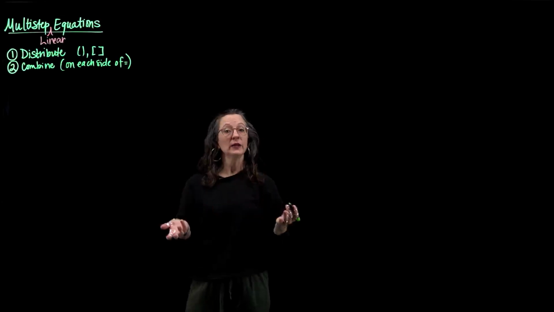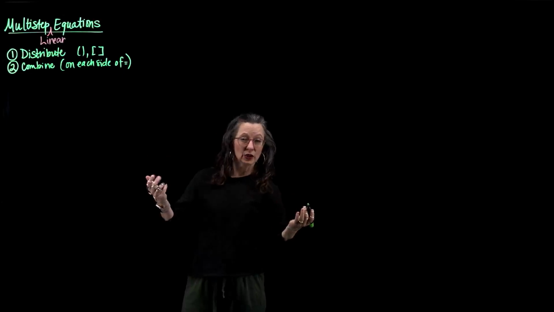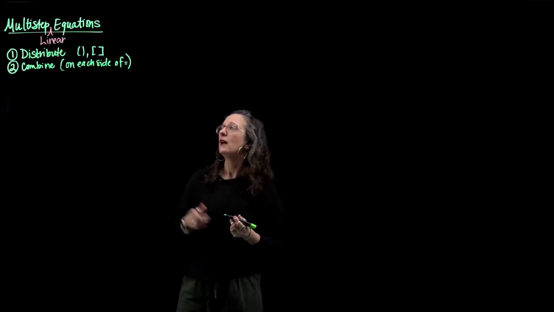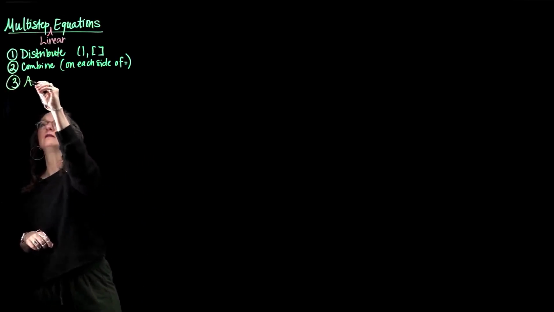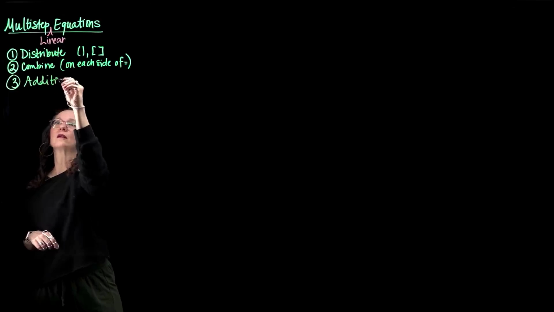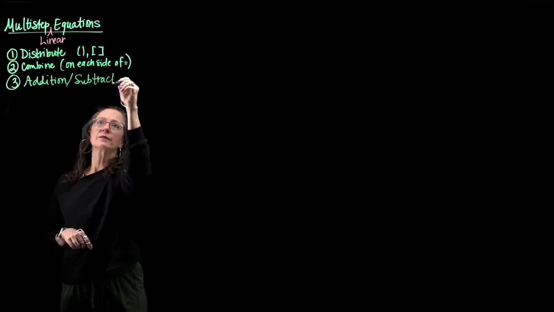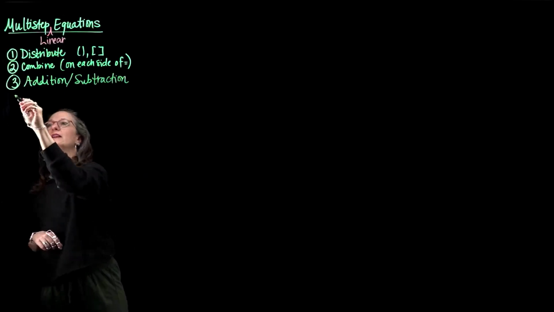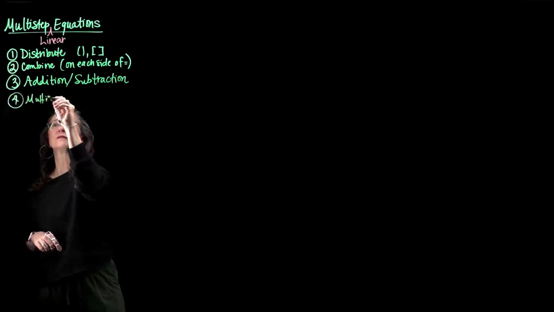All right, after we combine, or collect like terms, that's another way to say it, then we're going to use our addition or subtraction. And then finally, our multiplication and division.